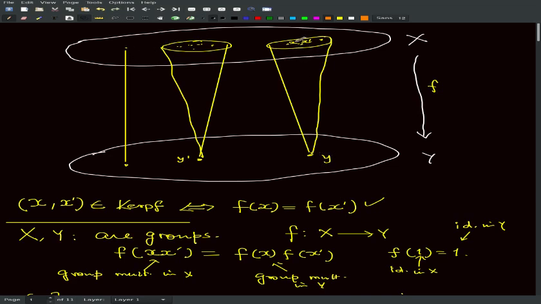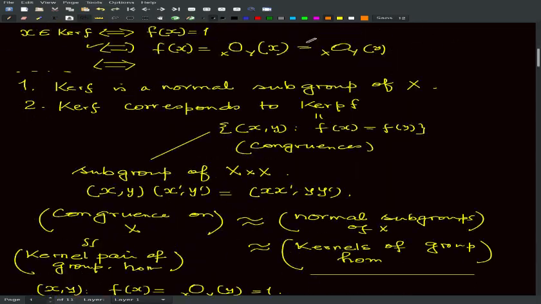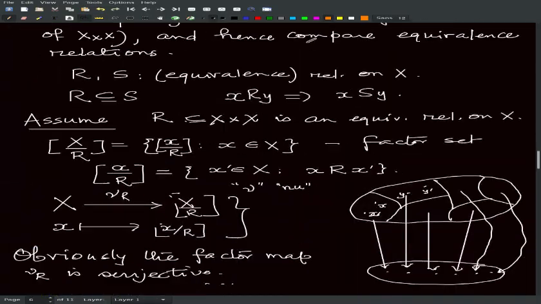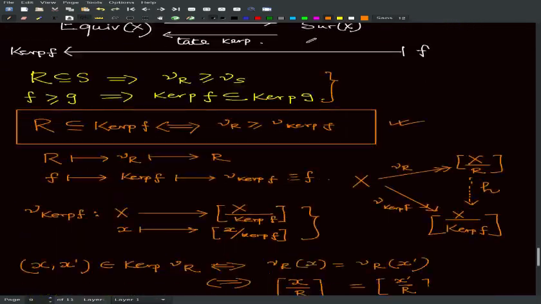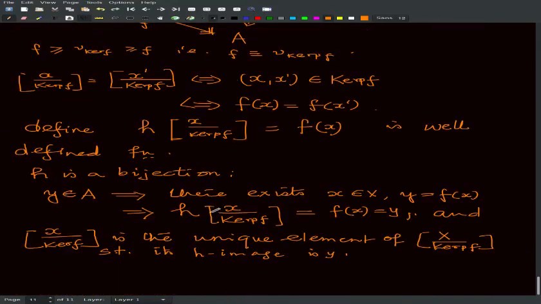You have taken this. Now this element in the factor set doesn't go to y, because you have already collected all those which go to y into this equivalence class, right? So therefore this equivalence class which you chose is the unique one which is taken by H to y. There cannot be any other.